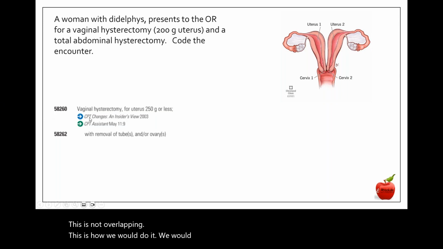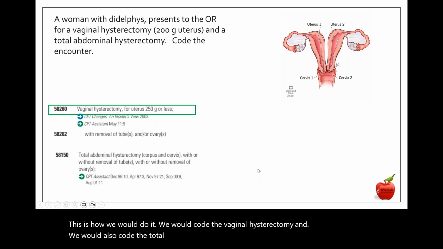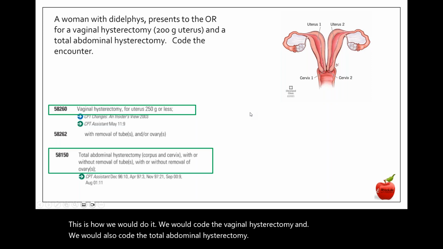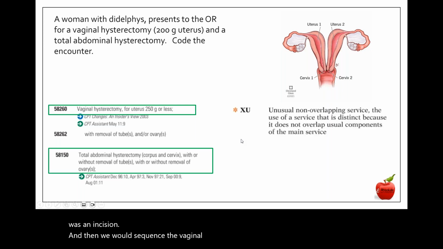We would code the vaginal hysterectomy, and we would also code the total abdominal hysterectomy. We would sequence the total abdominal hysterectomy first because it's more complex. There was an incision, and then we would sequence the vaginal.